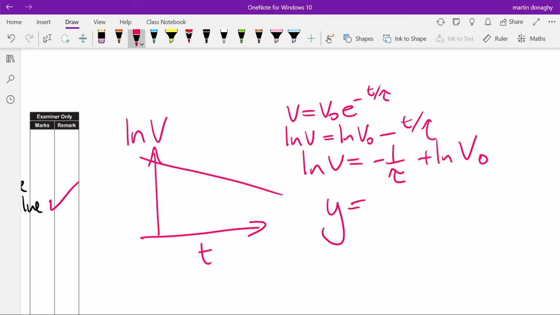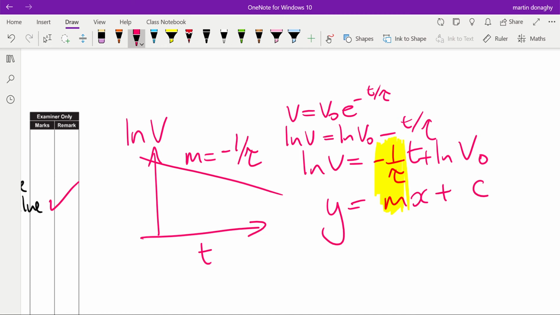We can compare that to y equals m x plus c, and therefore the gradient of that graph is equivalent to minus 1 over our time constant.